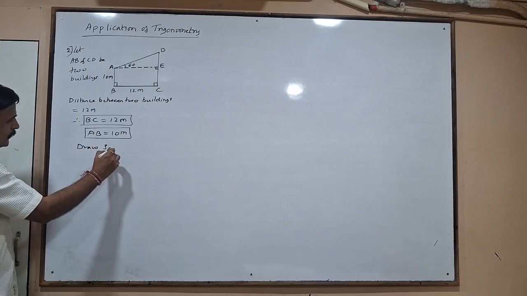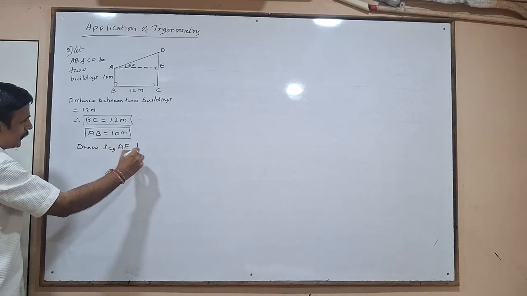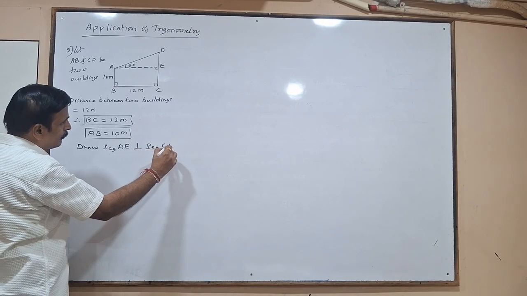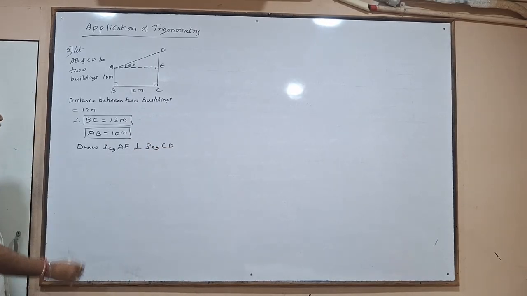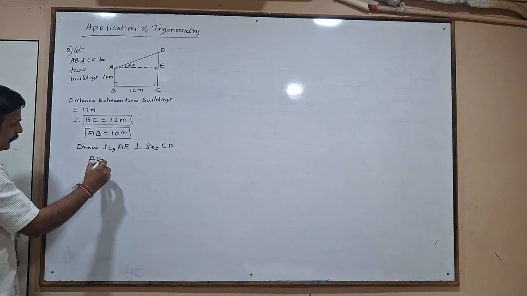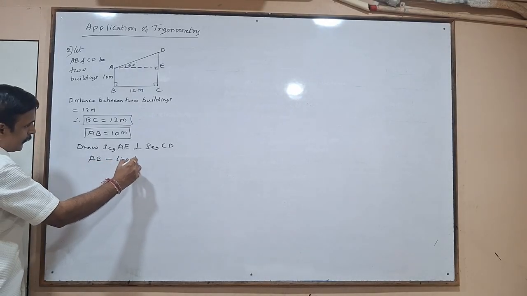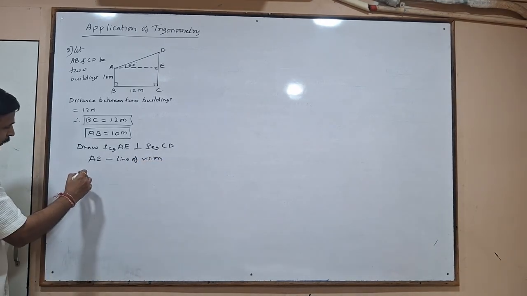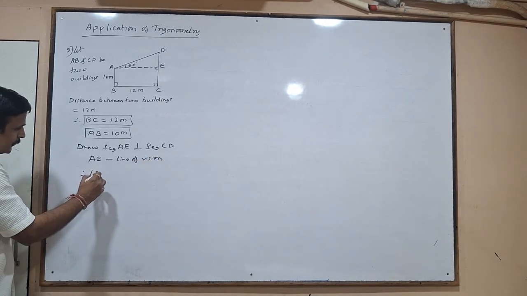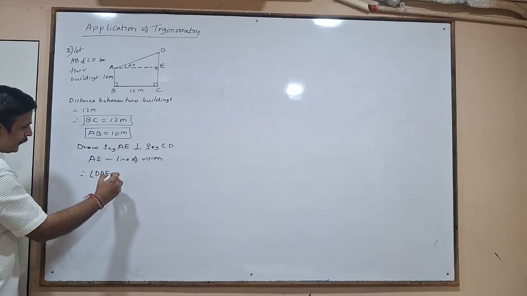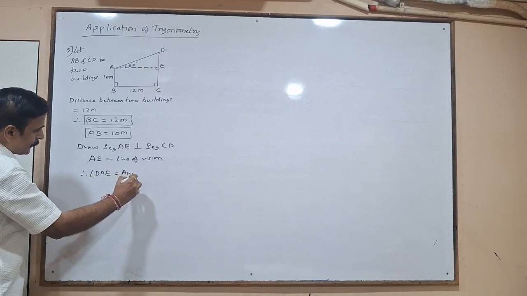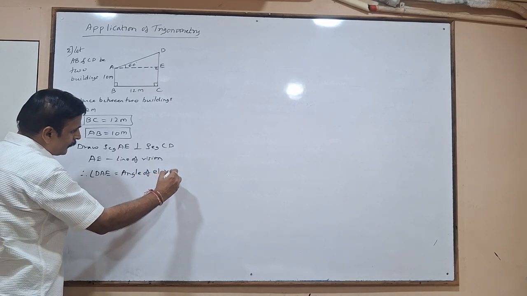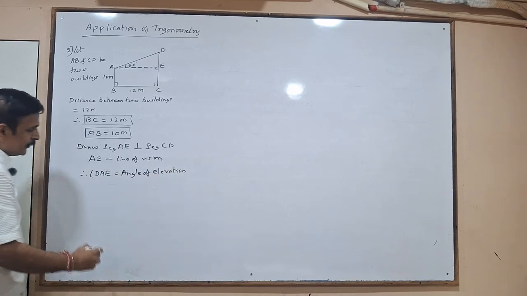Draw segment AE perpendicular to segment CD. AE is the line of vision. Therefore, angle DAE is the angle of elevation.